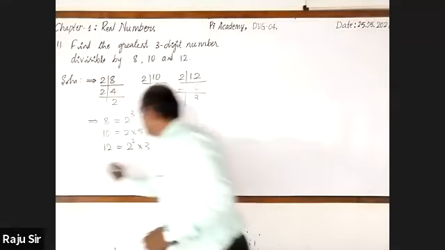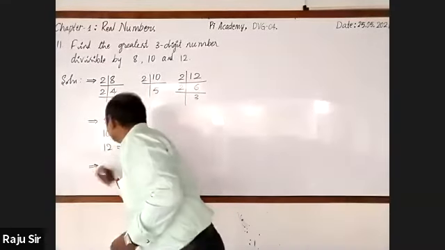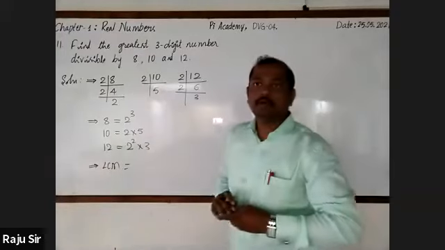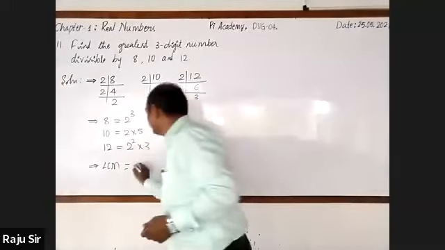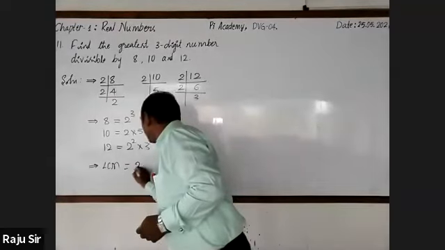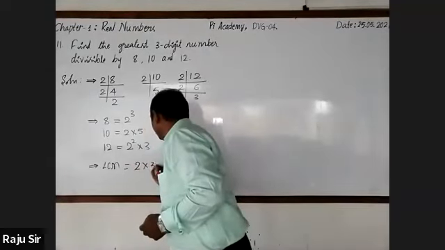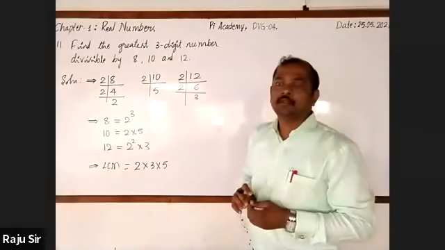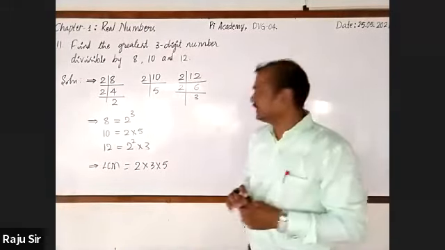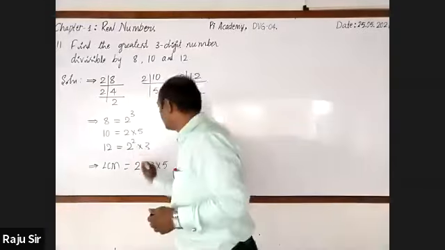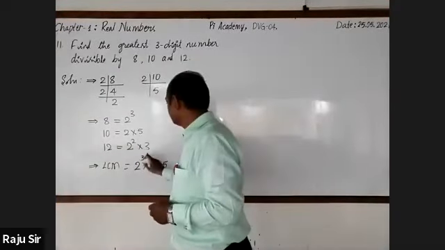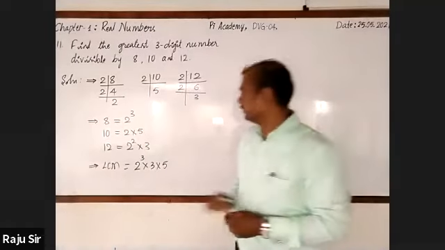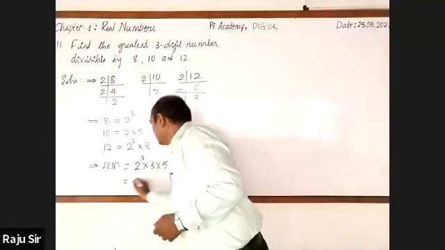Let's find out the LCM. You have to write all the factors that are involved: 2, 3, as well as 5. Take the highest power of each factor. Highest power of 2 is 3, of 3 is 1, of 5 is 1. Next, multiply.